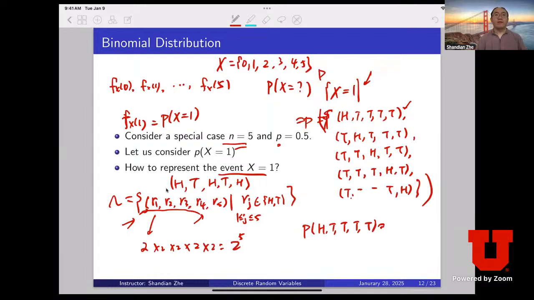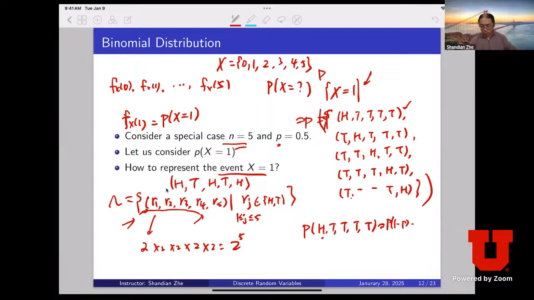Yes, that's the definition. We flip the coin independently. That means whether you see heads or tails has nothing to do with other trials. So in the first trial, you see heads, and the probability is just P. In the next trial, the probability you see tails is 1 minus P.